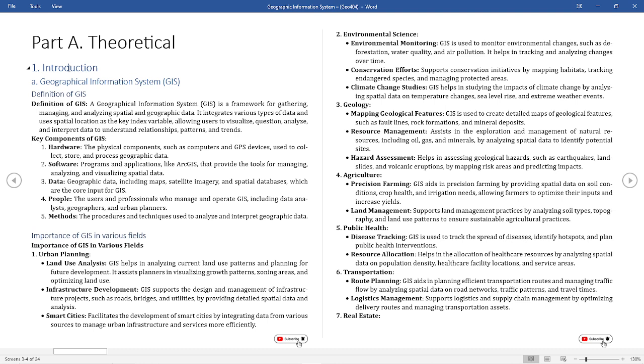And here this is the introduction part on GIS. First things first, the definition of GIS. As you can see, GIS is a framework of gathering, managing, and analyzing spatial and geographic data.